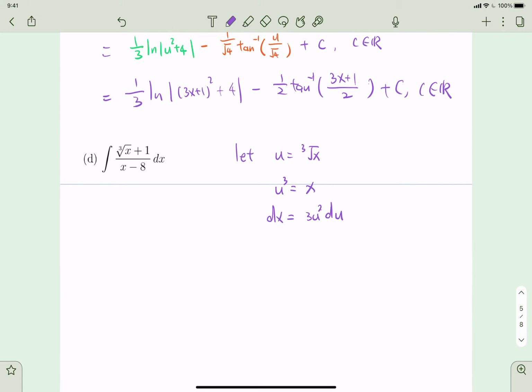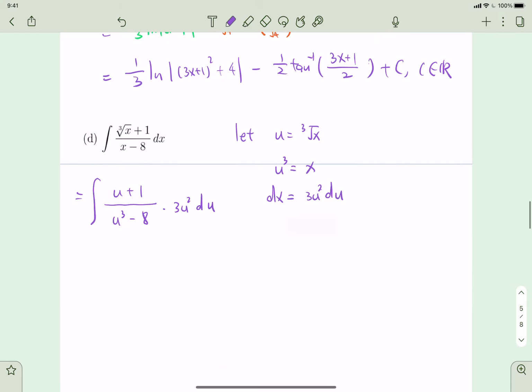And now do the replacement. That is u plus 1 times u cubed minus 8, and dx is replaced with 3u squared du, okay?